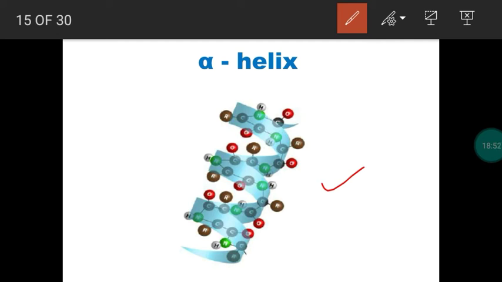This is a right-handed helical structure, like a spiral. As I said, between the amino acids there will be hydrogen bonding between the carbonyl oxygen of one amino acid and the amino hydrogen of another amino acid, usually between the first and the fifth amino acids. We call the first amino acid the nth amino acid.